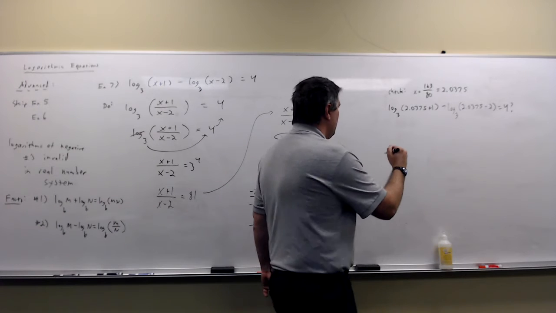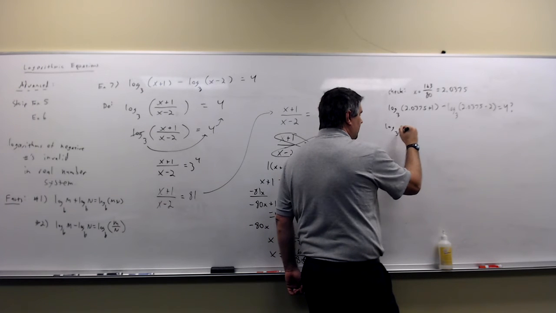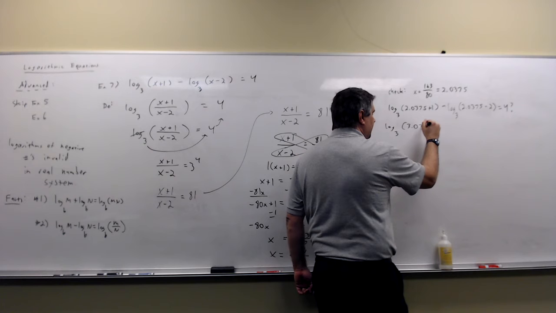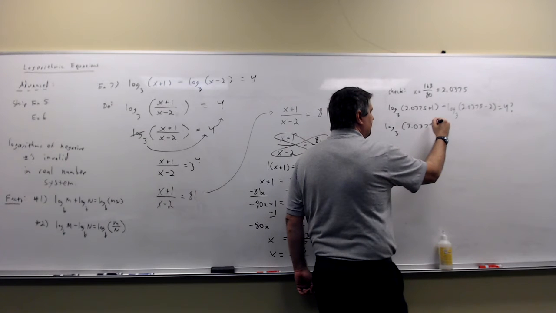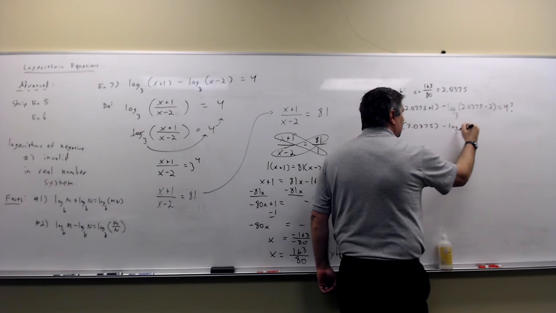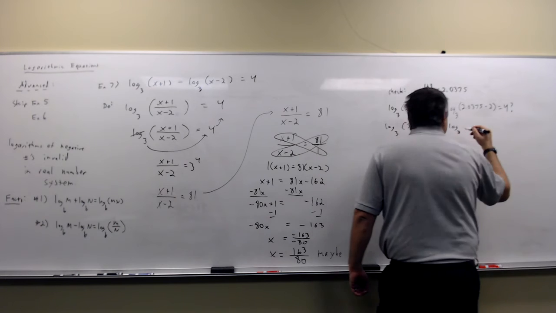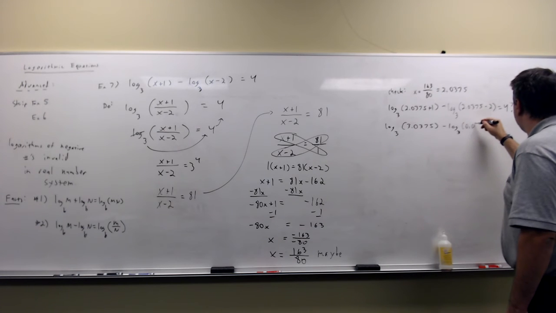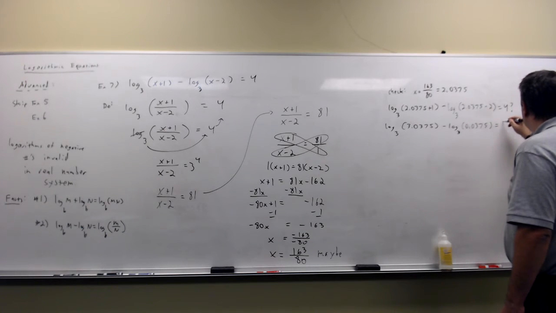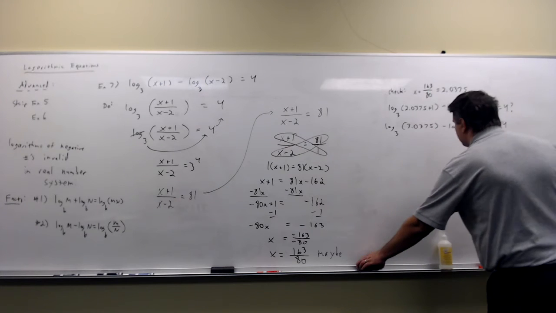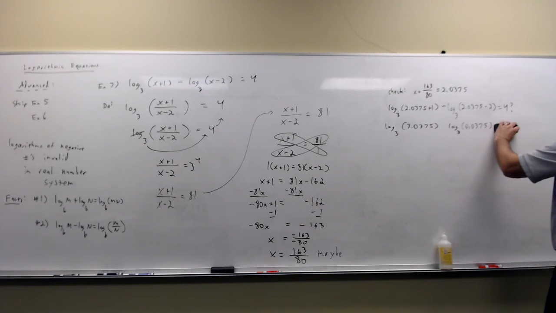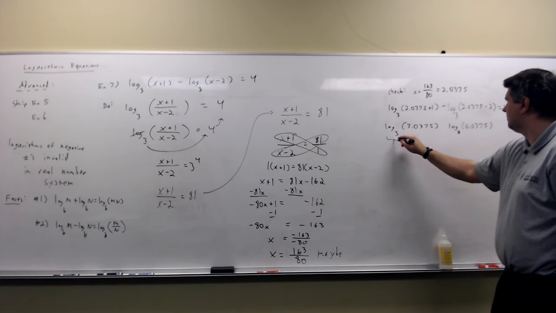So, this is log base 3 of 3.0375. And this is positive 0.0375. I really don't need the minus in the other number.